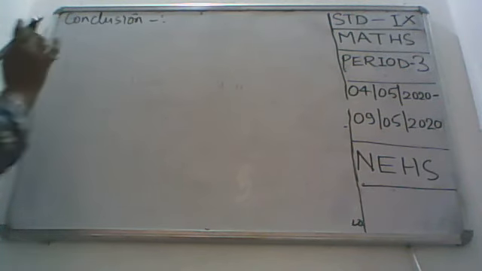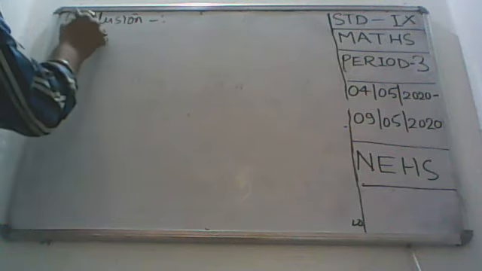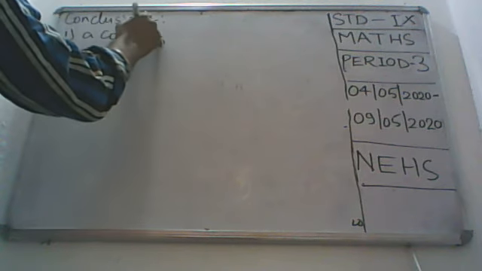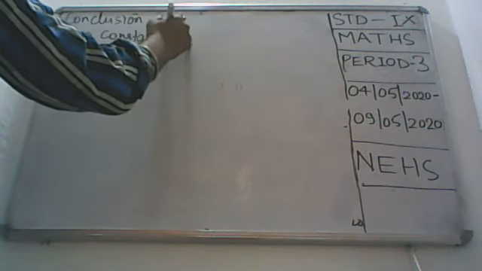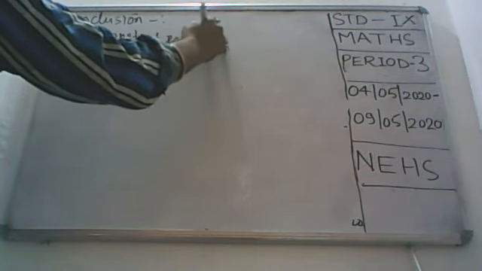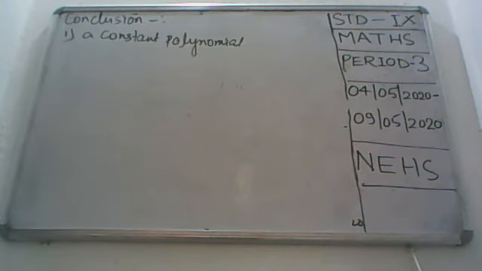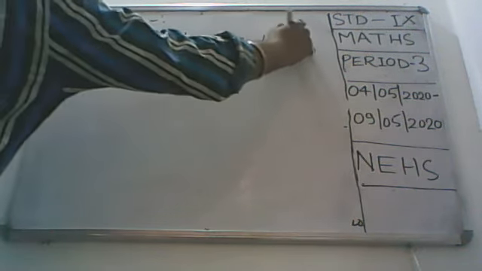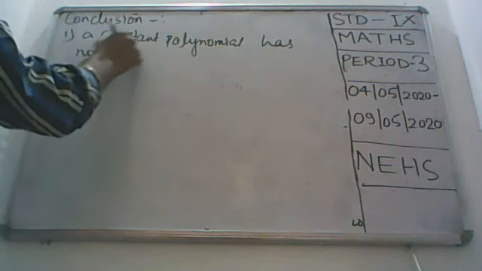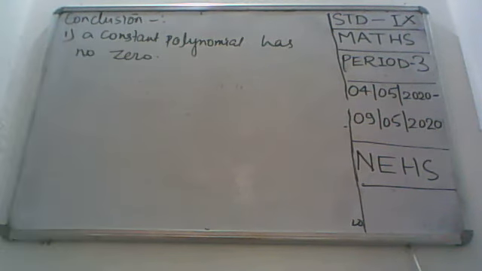First one is that a constant polynomial, which is already constant, has no zero. A constant polynomial has no zero.